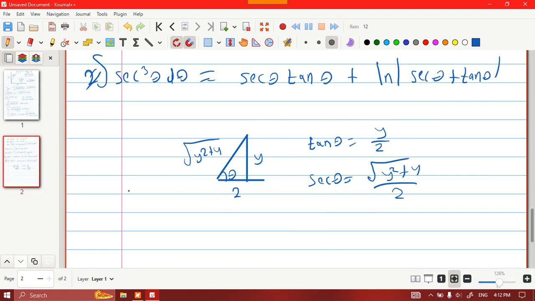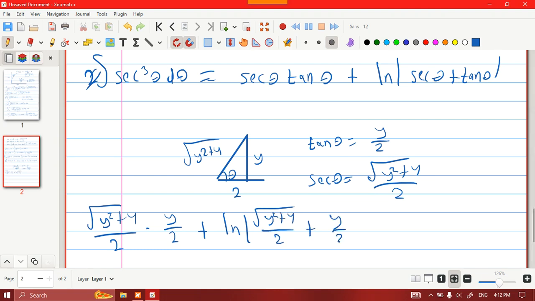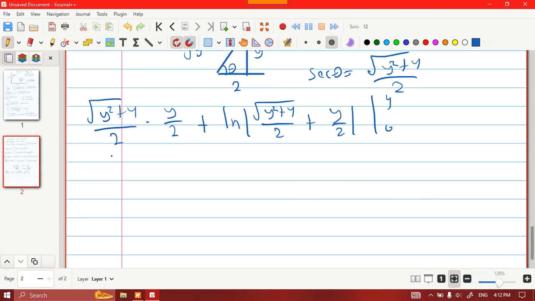So secant theta, which is square root of y squared plus 4 over 2, tangent theta, which is y over 2, plus ln square root of y squared plus 4 over 2 plus tangent theta y over 2, from 0 to 4. This is the integral. This is the L segment.